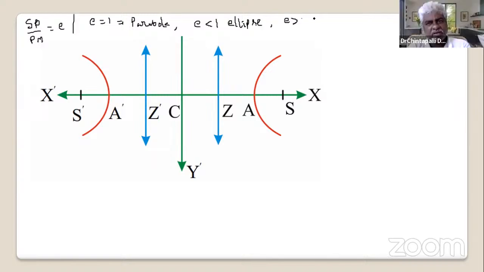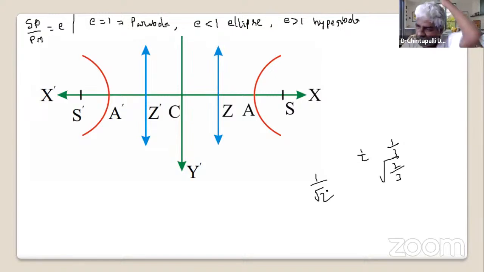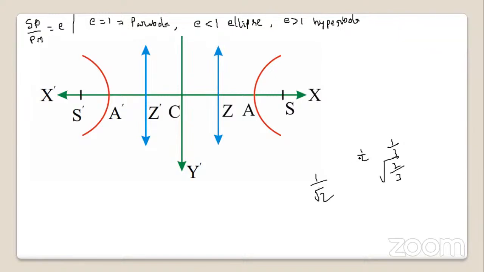E greater than 1, hyperbola. In ellipse, we saw the values of E are 1 by 2, 1 by 3, root 2 by 3, 1 by root 2, like that. Understand that all these values are less than 1.